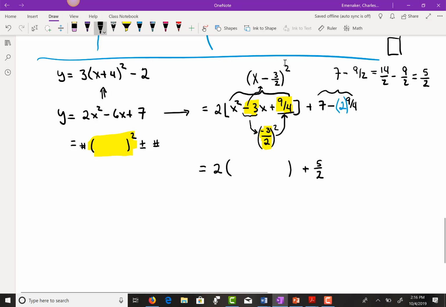If you FOIL that out, you'll get the x squared minus 3x plus 9/4. So what we've done here is we have this x minus 3/2 squared, just kind of rewriting things a bit so it's a little closer to what it would normally look like, plus 5/2. Hey, is that something easy enough to draw a picture of? Hopefully pretty easy. We're back into that form we'd hoped for, aren't we?